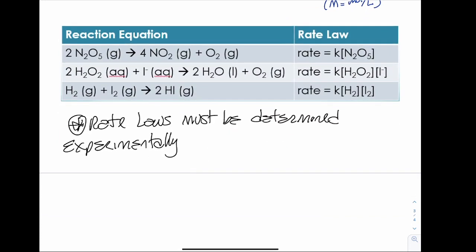So what you do, and again, we'll look at an example here in a minute, is you would measure the rate of the reaction at various concentrations of reactant. So you would have different reactant concentrations, and then you would measure the rate, and you would see how a change in concentration of a reactant affects that rate.